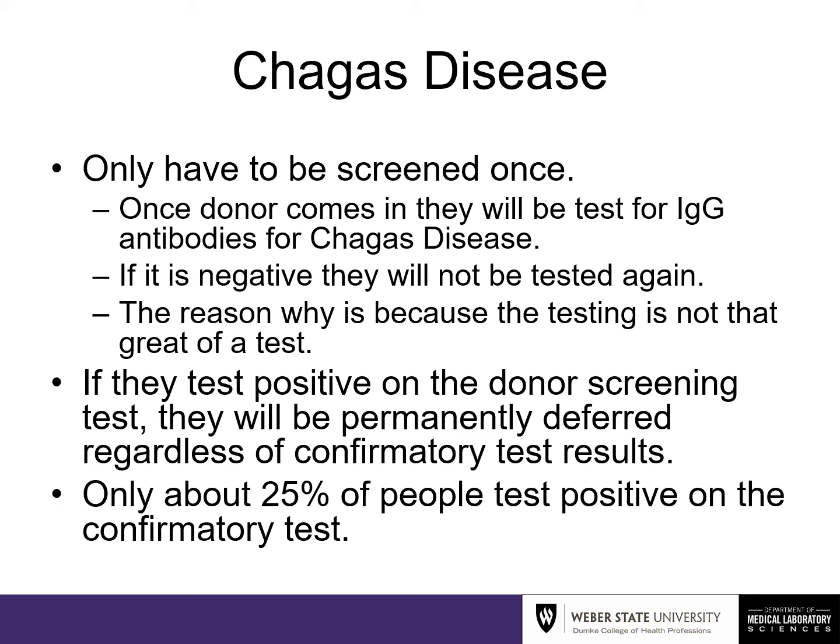If it's negative, they won't be tested again, as I said before. The reason we do this is because the testing is not that great of a test. But if the donor has tested positive on the screen, they will be permanently deferred regardless of the confirmatory test results. Only about 25% of people test positive on the confirmatory test.